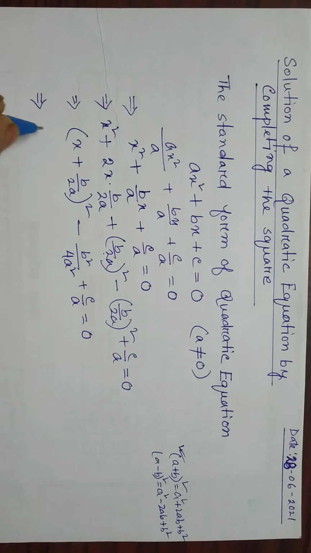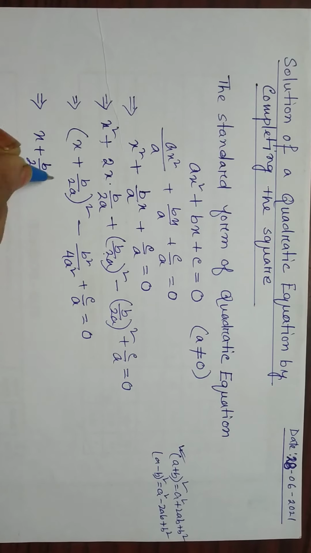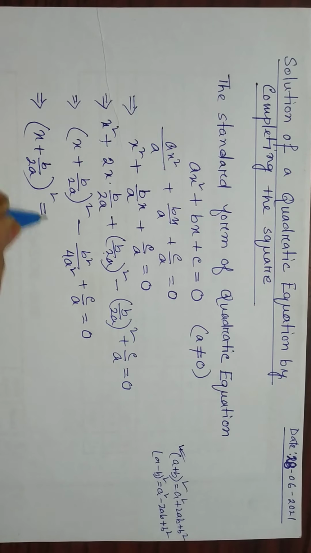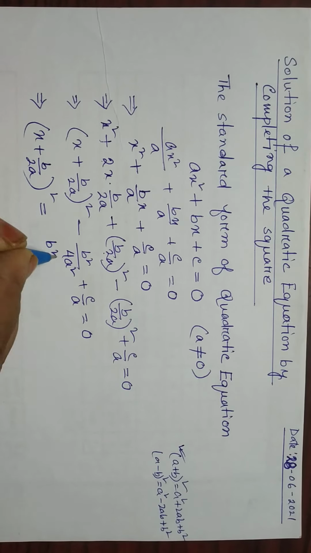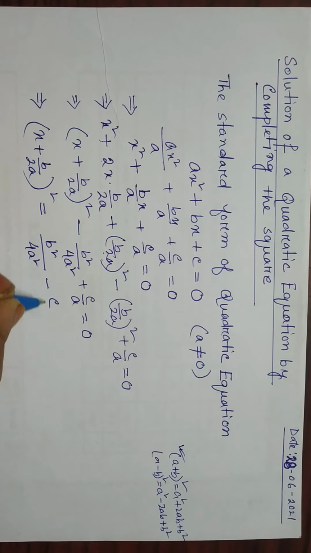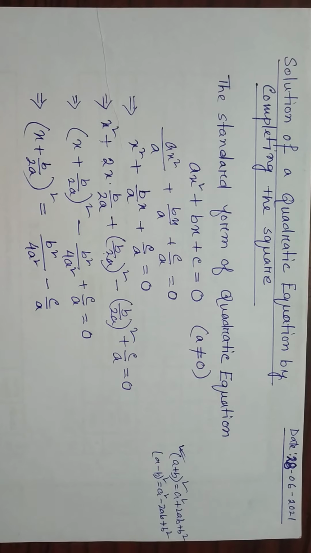And x plus b by twice a whole square, if we take this from the left hand side to the right hand side, then this will be b square by 4a square minus c by a.